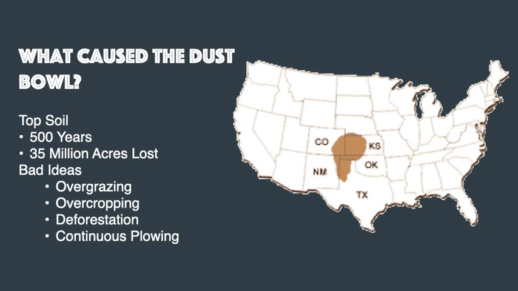And so those roots held the soil together. Well, when you overgraze your crops or you plow that land over and over again without having anything grow, what you're doing is you're loosening that soil. And so as that soil gets loose, and then there's no rain, it turns to dust. The winds that whip across the plains then will cause these enormous dust storms.